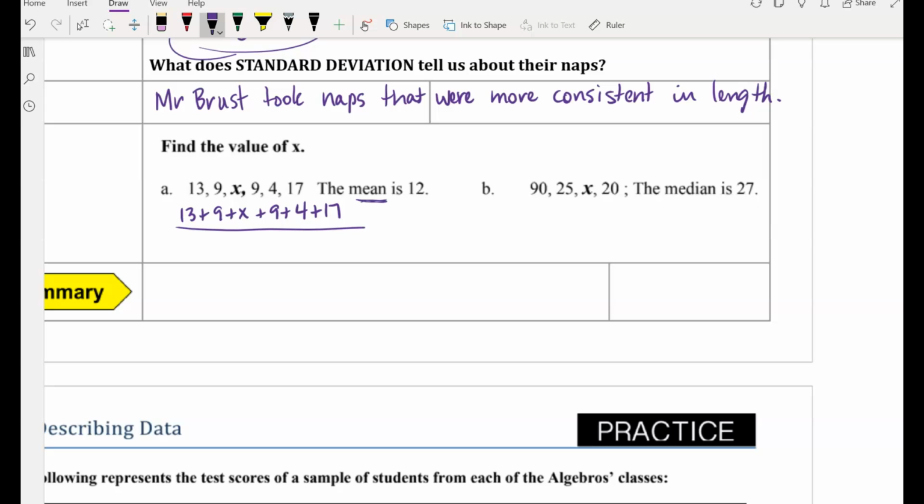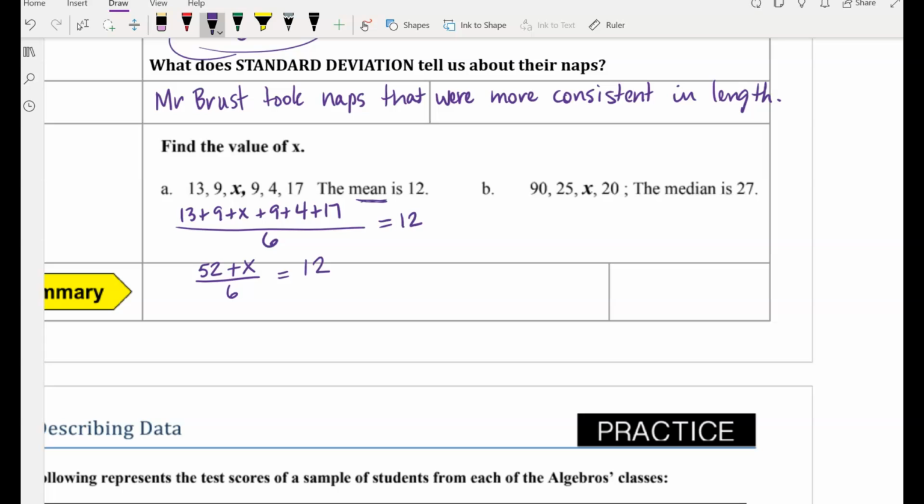So we have 1, 2, 3, 4, 5, 6 items in our list, and when we find that mean, it has to be equal to 12. If we add the numbers in our list, then they add up to 52, and then we have our plus x that we can't combine with the numbers, and that's divided by 6 is equal to 12.